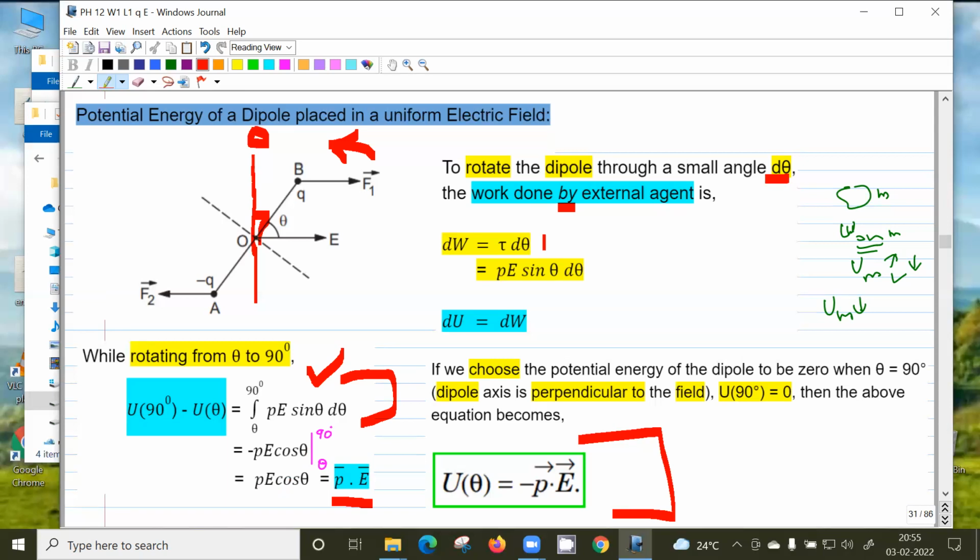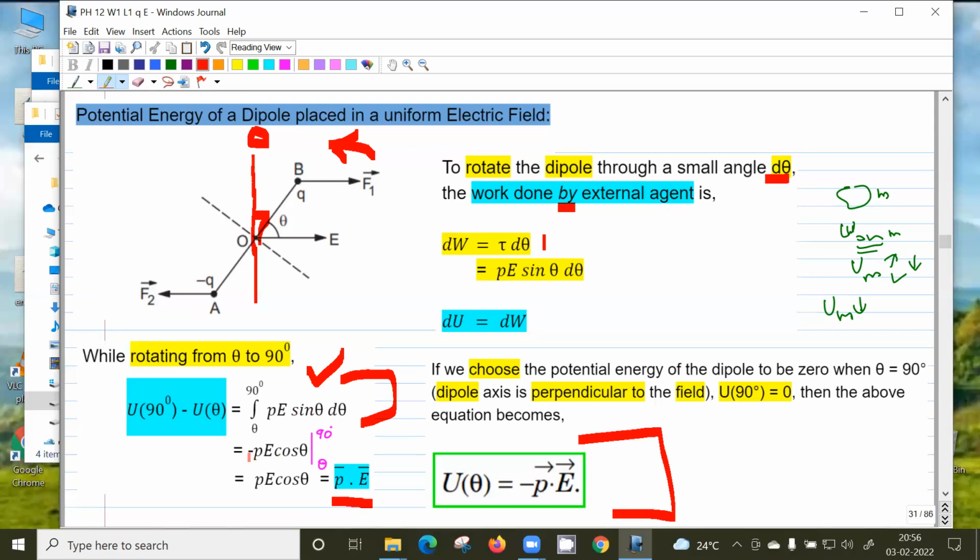Why did you take out that minus one? Second step, okay, minus, and then you have to put the upper limit, right? The upper limit is cos 90 minus cos theta. Cos 90 is 0, so minus cos theta, and this minus will become plus cos theta. No, sir, this minus was not present from the first step. Is this minus clear?